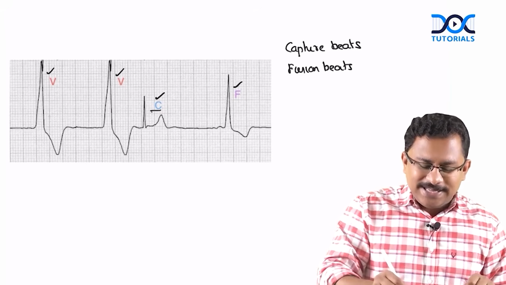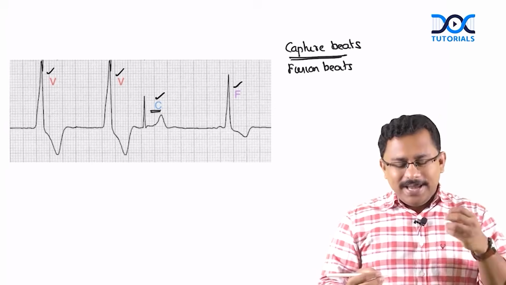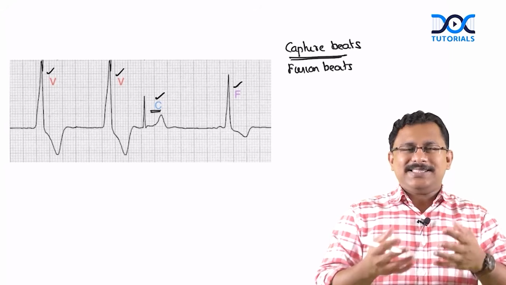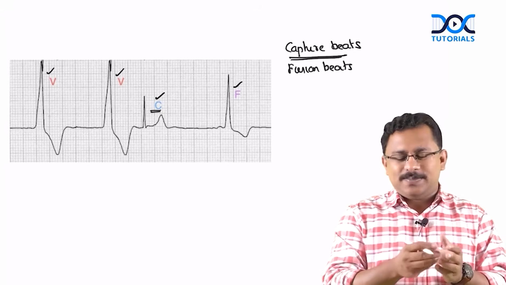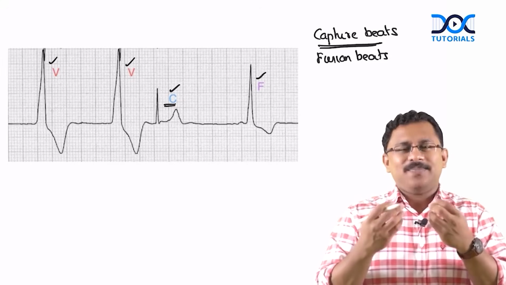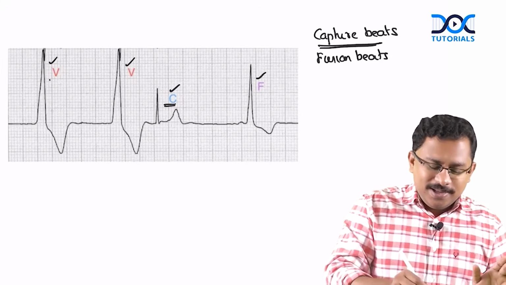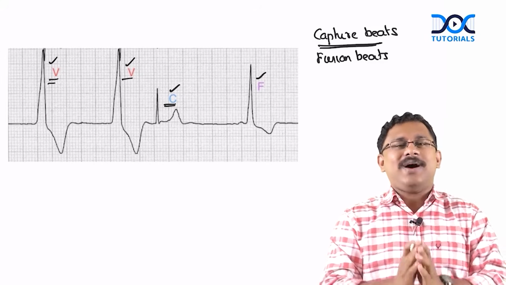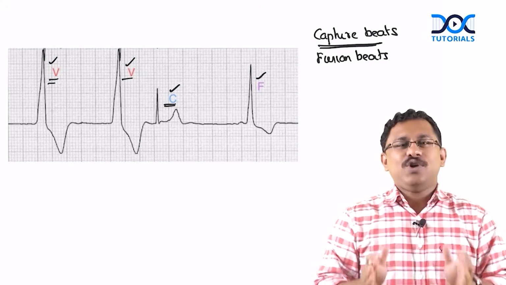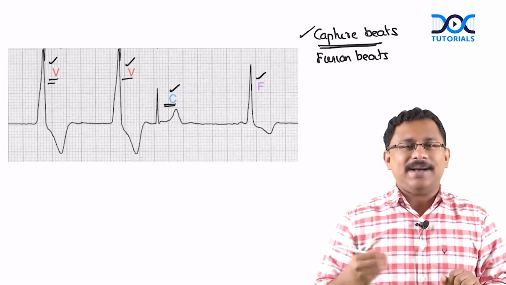The one that is marked as C is a capture beat, where the SA node temporarily takes over the pacemaker and then suddenly goes off. How did I understand it is the SA node that has taken over? Because compared to the two previous beats, here the QRS complex is normal. So that is what you call the capture beat.